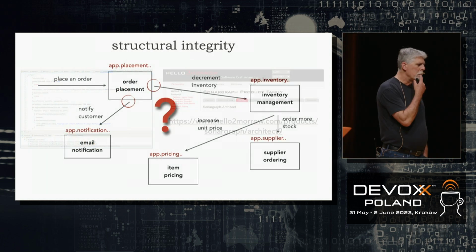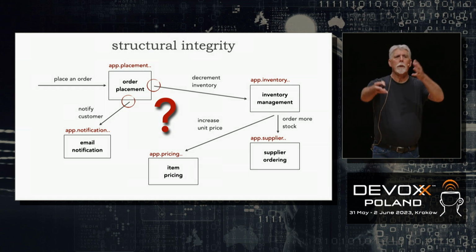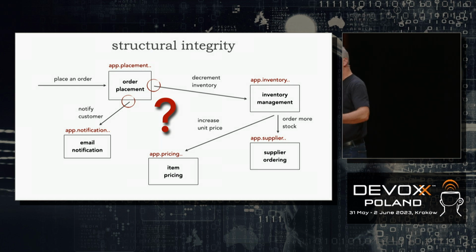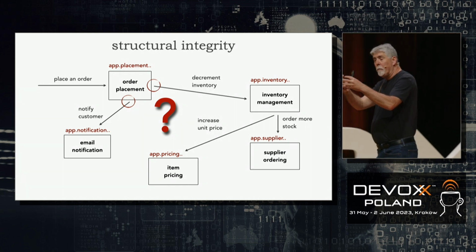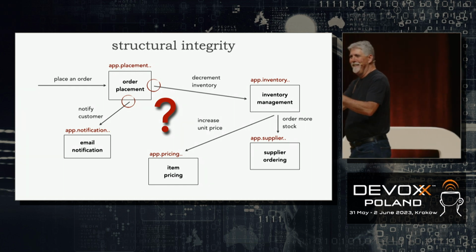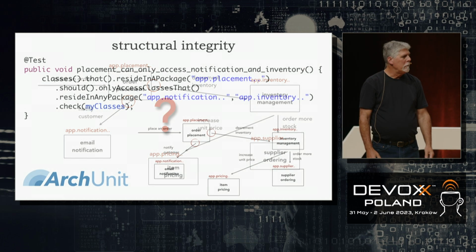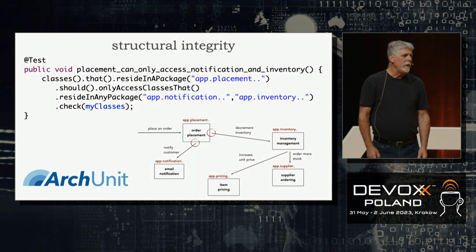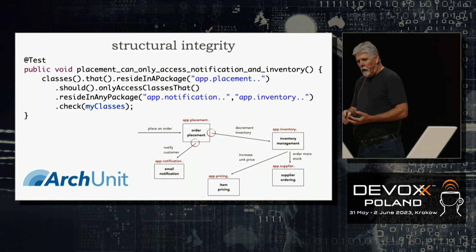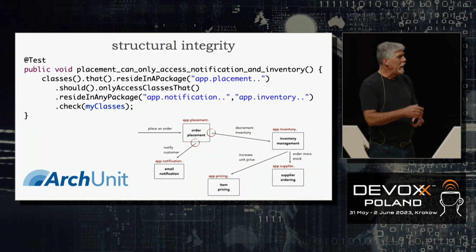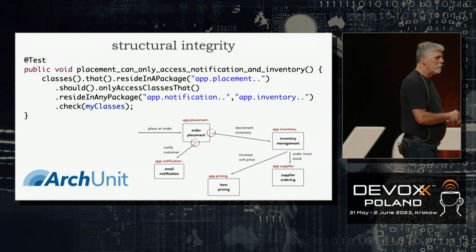So, how do we test this? How do we make sure that as we're applying changes to our system, I'm not recoupling everything together? Because entropy is a real thing. Let's write some tests. Here's an example in ArchUnit. Notice the name of the method here: placement can only access notification.